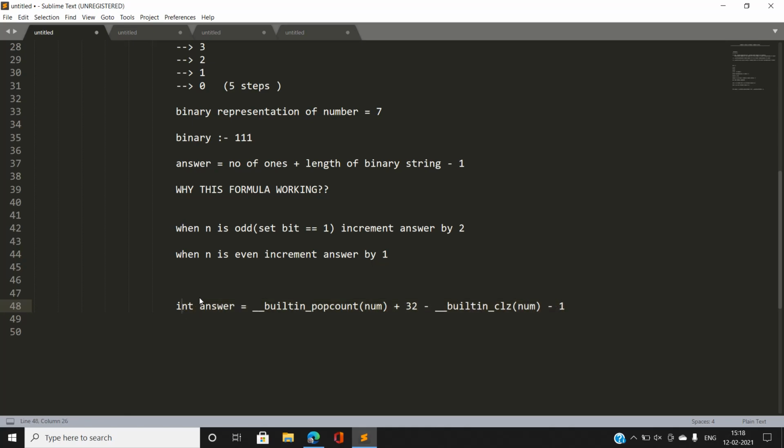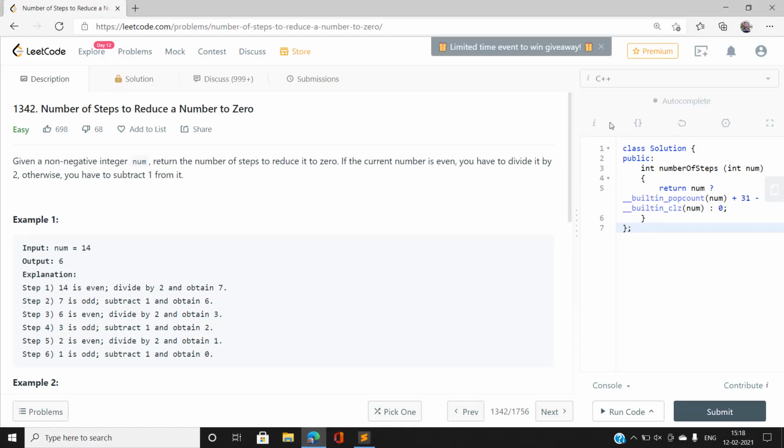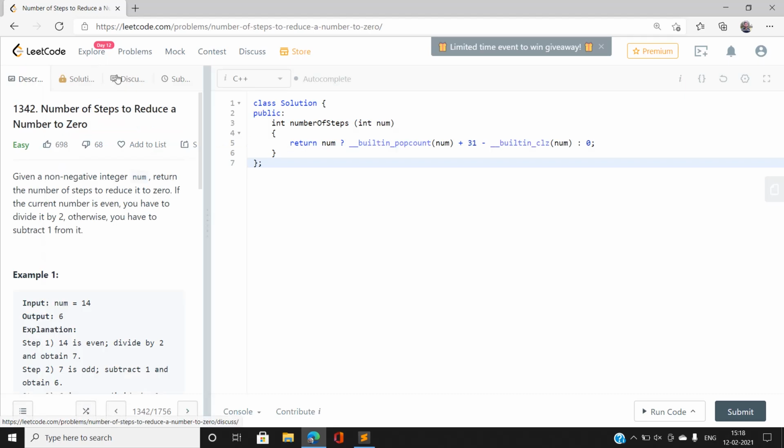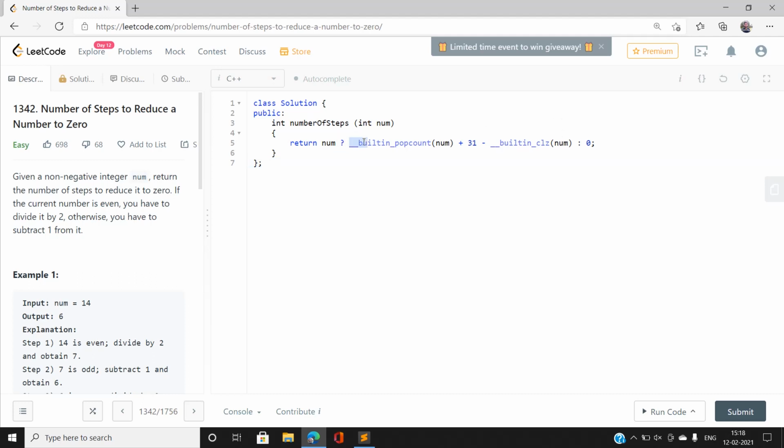Let us see if this formula is going to work clearly or not. If num is greater than 0, I am going to use this formula directly. Otherwise, if num is 0, I have to return 0 directly, because if num is 0, the built-in CLZ for leading zeros doesn't work. That's why I have to write this if-else condition using the ternary operator, that is, three operands.